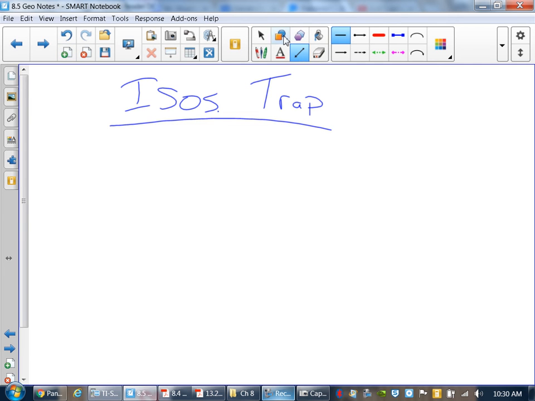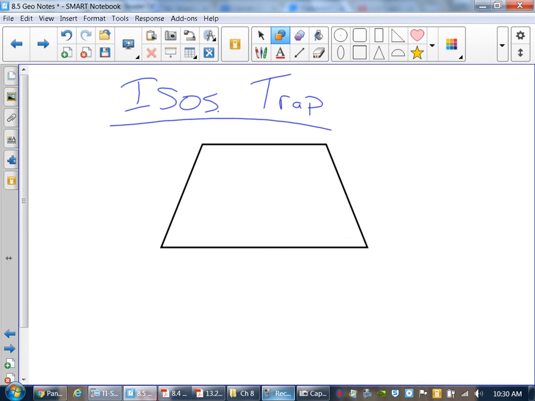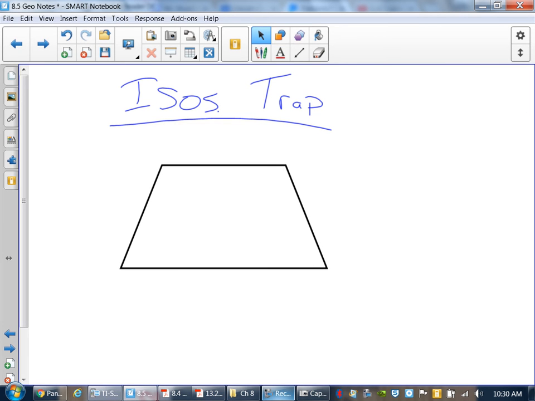The isosceles trapezoid still has just one set of parallel sides, because that's what makes it a trapezoid. But by it being isosceles, just like an isosceles triangle, the legs, the parts that connect the parallel parts, those two will always be congruent.